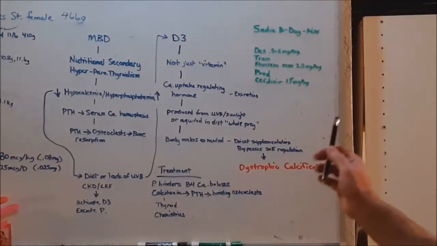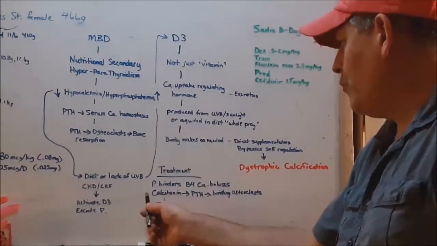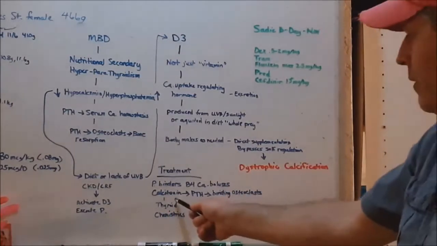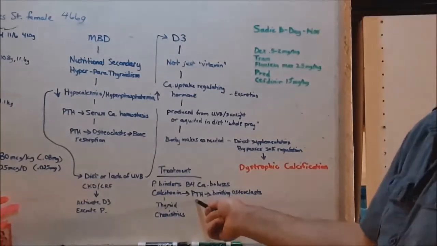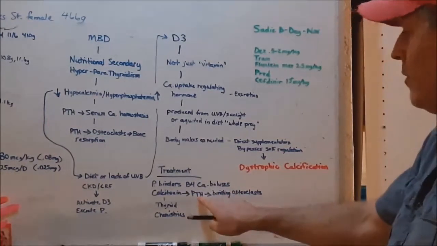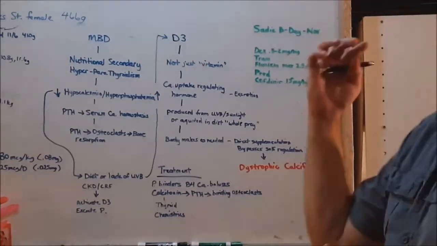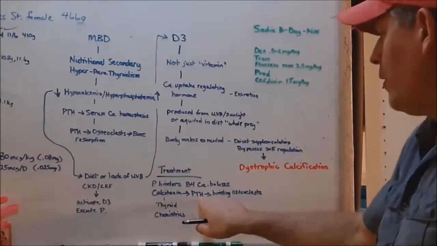Remember I said you have a thyroid and you have a parathyroid. The thyroid gland produces the calcitonin. Calcitonin is a hormone that counteracts the parathyroid hormone. It inhibits the action of the parathyroid hormone.